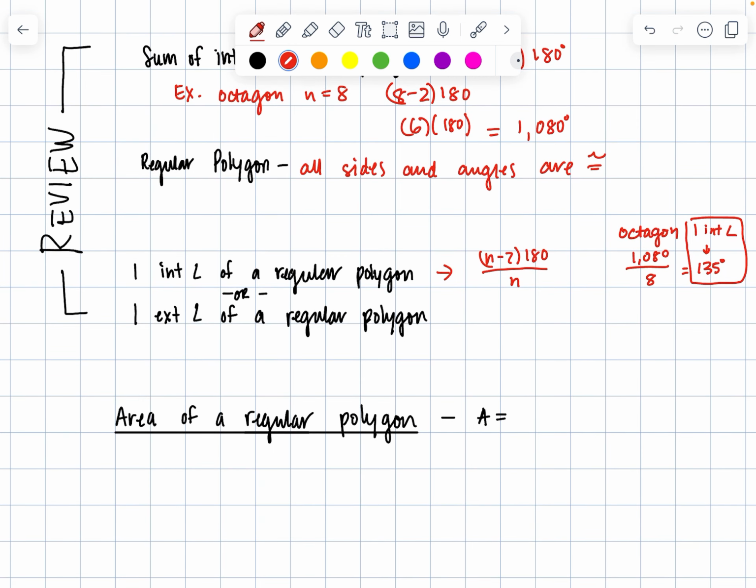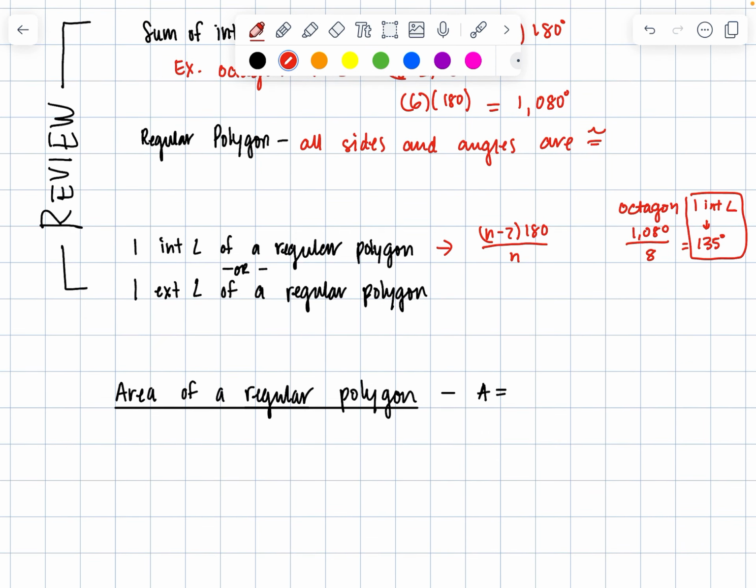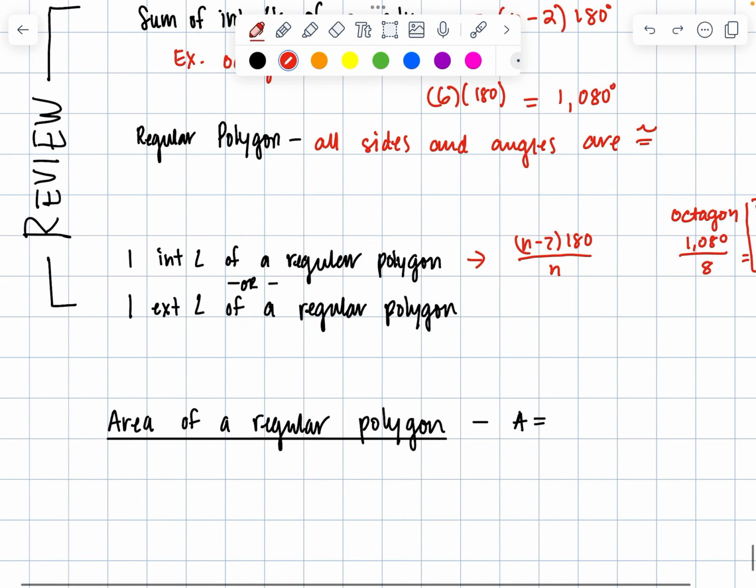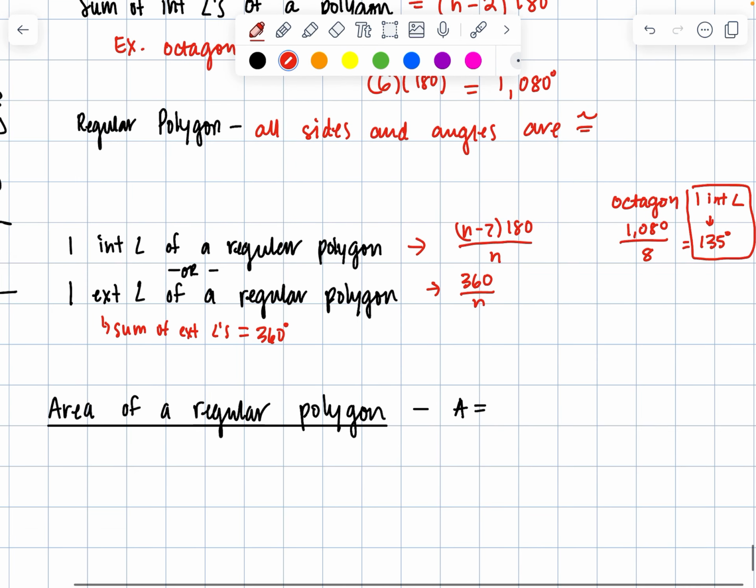The exterior angle of a regular octagon is actually a lot easier. This is another quick recall. The sum of exterior angles is always going to be equal to 360 degrees. So you could just take 360 degrees and divide it by the number of sides, or number of angles there are.